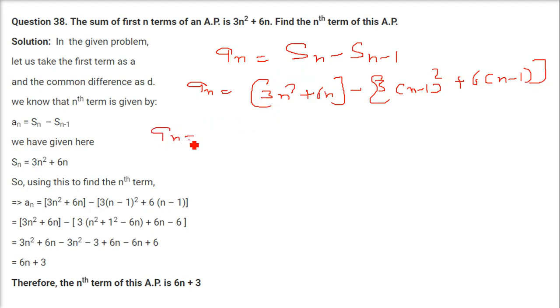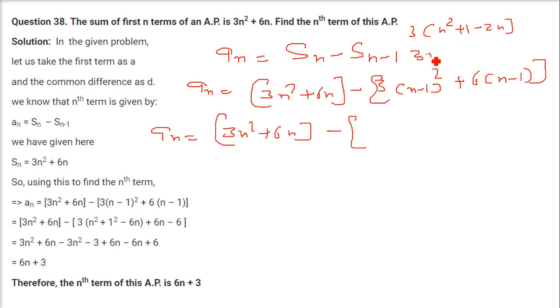That is, an will be equal to 3n square plus 6n minus, and this I am writing here, 3(n minus 1) whole square. So (n square plus 1 minus 2n), you get 3n square plus 3 minus 6n. So 3n square plus 3 minus 6n, and what do you get here? 6(n minus 1).